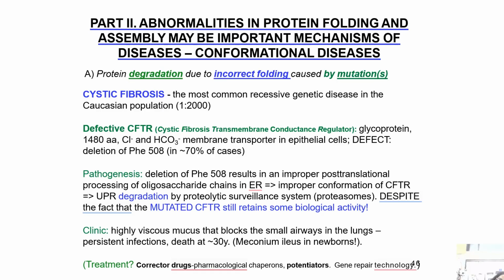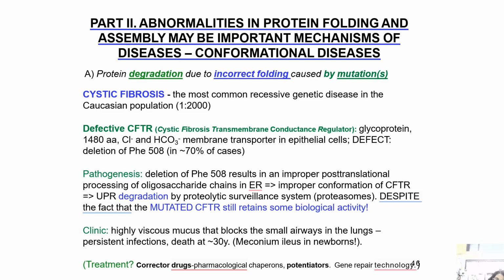Then we have the defective CFTR, the cystic fibrosis transmembrane conductance regulator. It's a glycoprotein, which is the one with the defect: the deletion of phenylalanine 508 in 70% of the cases.